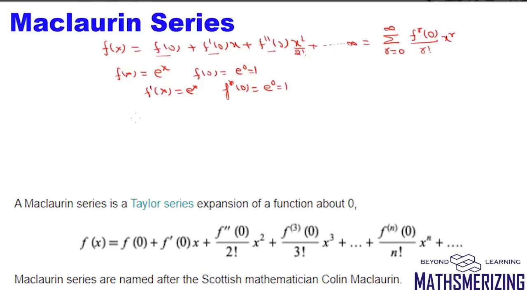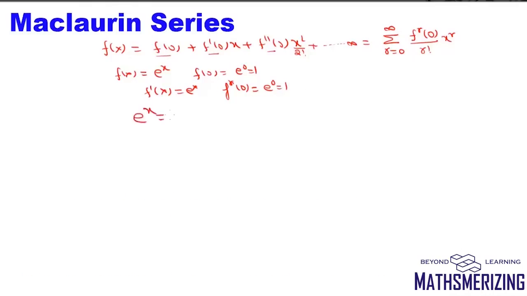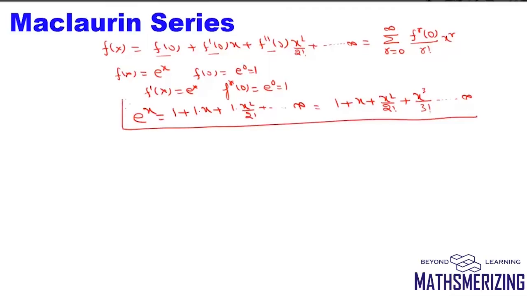So I can simply write e^x as 1 + 1 into x + 1 into x^2/2!, and it goes up to infinity, which I can write as 1 + x^2/2! + x^3/3!, and it goes all the way up to infinity. So that is the series expansion of e^x, and this essentially is your Maclaurin series.